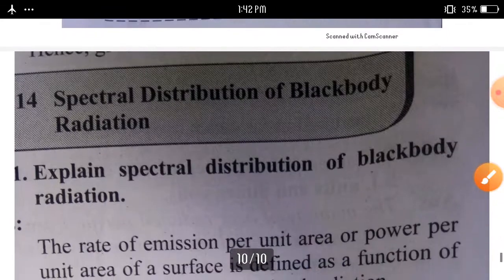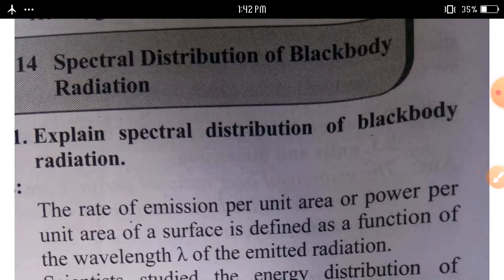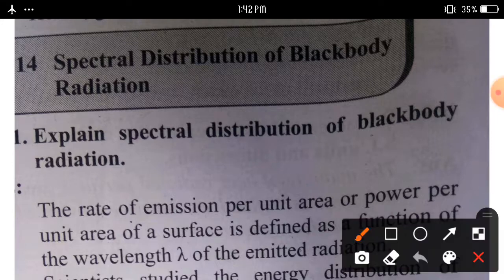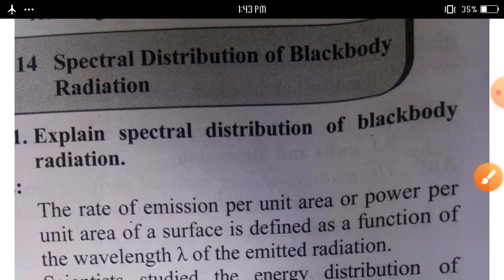And the last one is the spectral distribution of black body radiation. See this diagram.